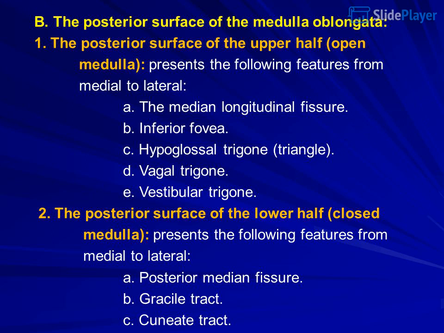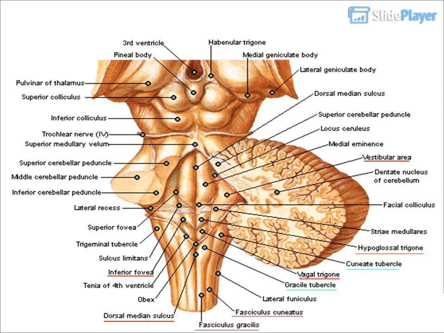C. Hypoglossal trigone, triangle. D. Vagal trigone. E. Vestibular trigone. 2. The posterior surface of the lower half, the closed medulla: A. Posterior median fissure. B. Gracile tract. C. Cuneate tract.